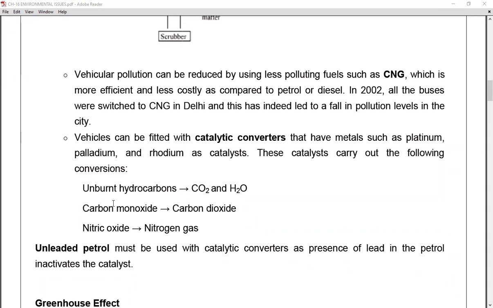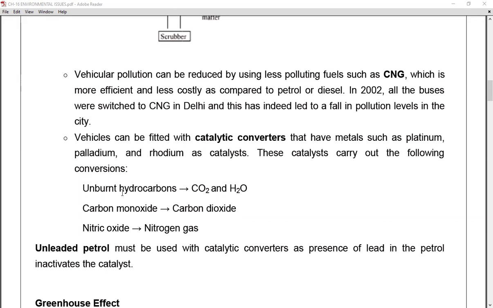In the same way, carbon monoxide can be converted to carbon dioxide, and nitric oxide can be converted to nitrogen gas. These are the common gases normally found in the air. So the hydrocarbons, carbon monoxide and nitric oxide are all converted to simple gases which are normally present in the air.